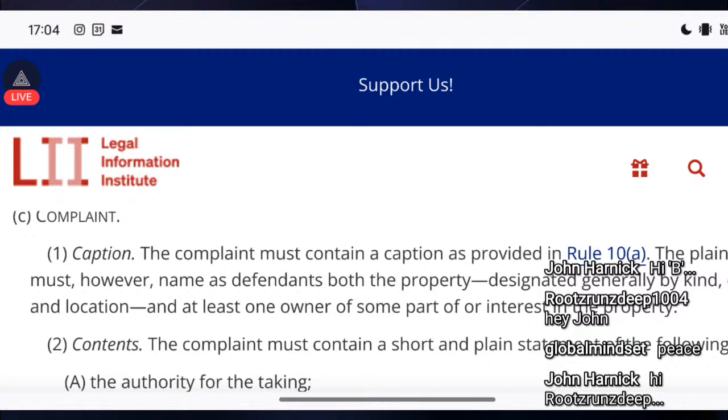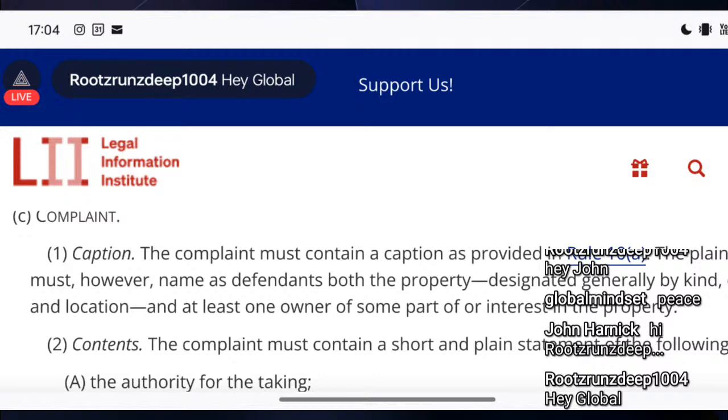Maybe that's height, weight, maybe if it's some other type of immovable, its metes and bounds, its landmarks, who the sole beneficiaries are, and at least one owner of some part or interest in the property, the true owner.